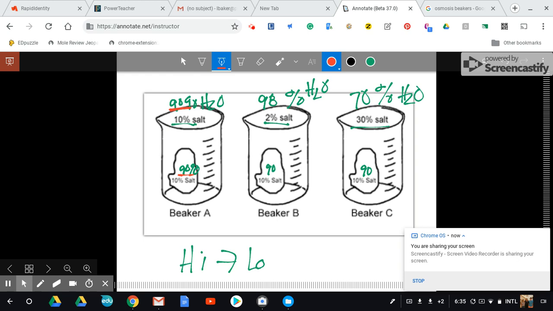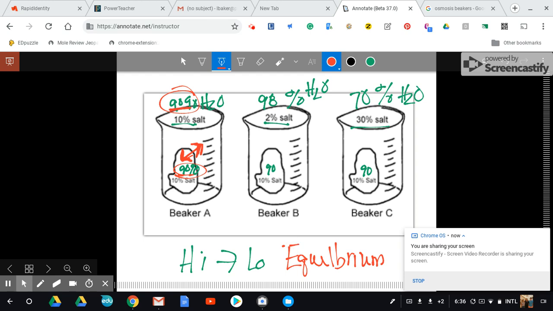Does water move? Yes, because water is always moving. The difference is water is going to go in both directions, and it's going to be an equal amount because it's at equilibrium. That's the goal of this, to get to equilibrium, where both sides of the membrane are the same.